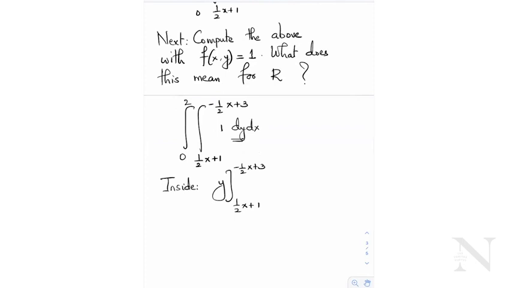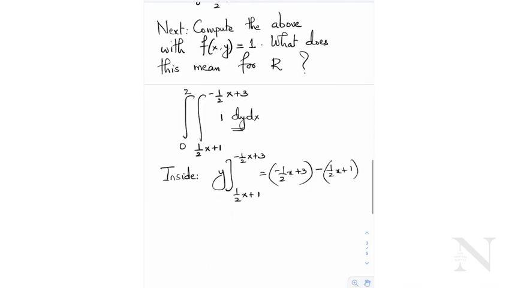And then that's going to be equal to negative 1/2 x plus 3 minus (1/2 x plus 1). Upper limit minus lower limit. This is going to be negative 1/2 minus 1/2, that's going to be 1, so it's going to be negative x. And then you have 3 minus 1, which is 2.